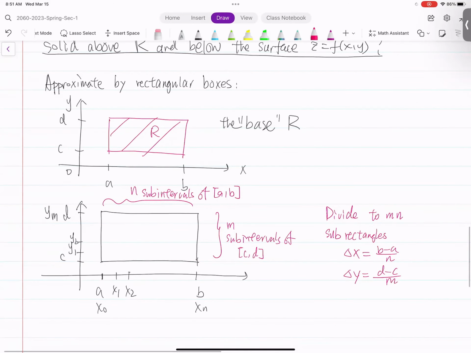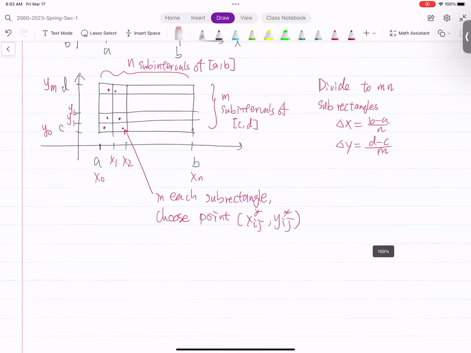Now, let me quickly mention, basically you just subdivide, and then what do we do? In the previous one-dimensional case, in every interval you pick a sample, right? But here you can pick randomly, or you can just pick the midpoint, or the lower left corner or whatever, just a sample point in each subdivision. That would be good.